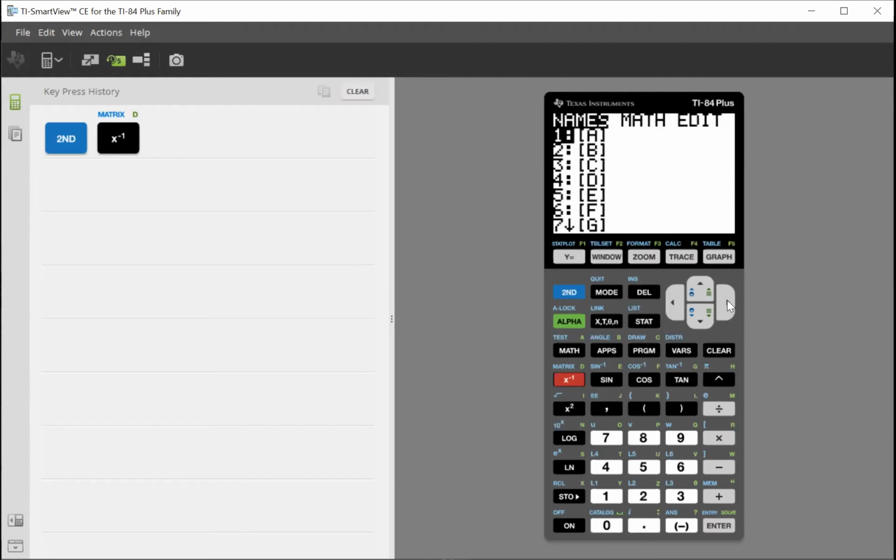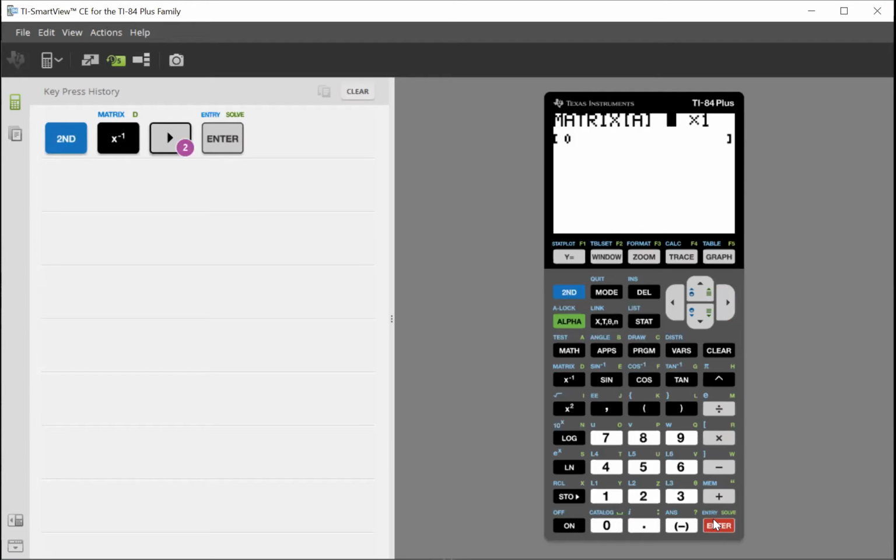So what we need to do, we're going to edit a matrix. So I'm going to arrow right until edit is highlighted, and then I'm going to come down and hit enter. Now, for the matrix, we need to tell it how many rows we got and how many columns we got.